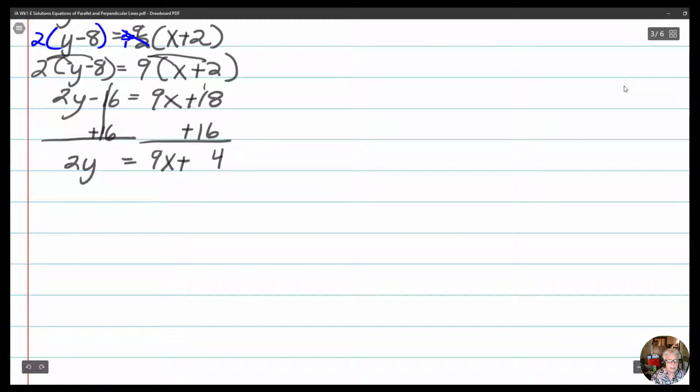This is going to be plus 34. Then I divide by 2. Y equals 9 over 2x plus 17.